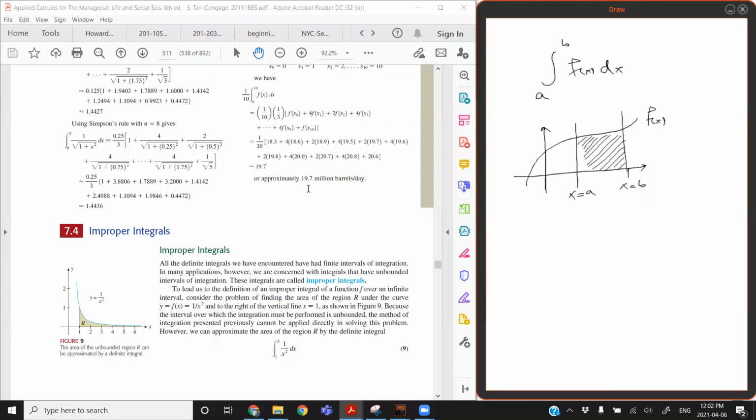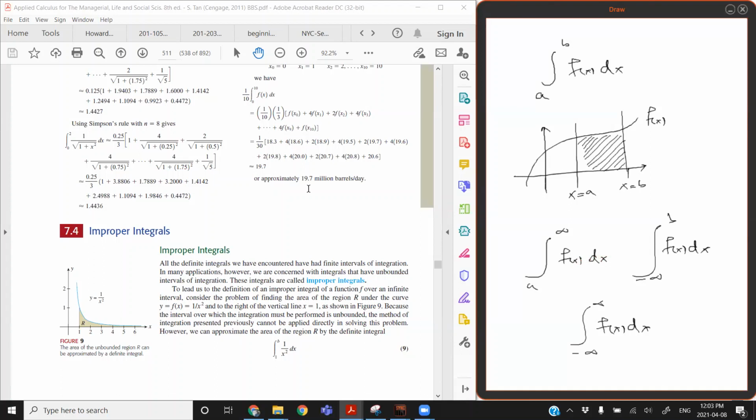Now, what is an improper integral? An improper integral is a situation where either a or b or both of them are infinity. For example, if you have some function f of x and you want the integral from a to infinity, so the area under the curve above the x-axis from a vertical line a up to infinity, or if you have the integral from negative infinity up to b of f of x dx, or the integral from negative infinity to positive infinity of f of x dx, these would be called improper integrals.